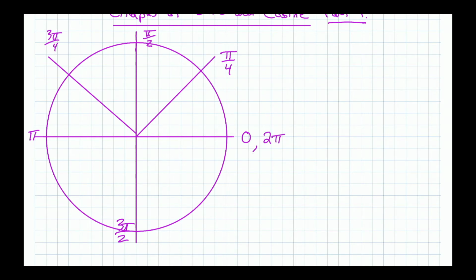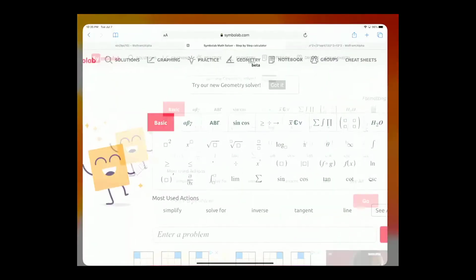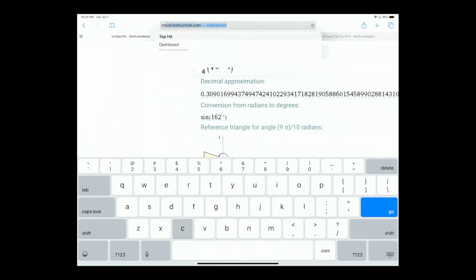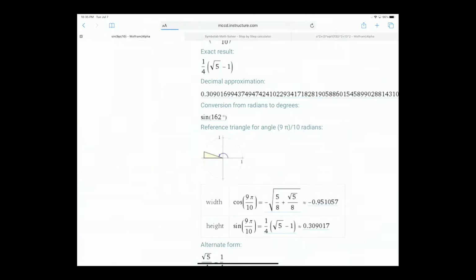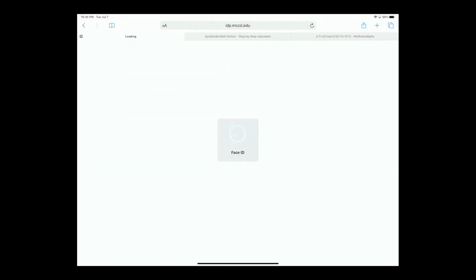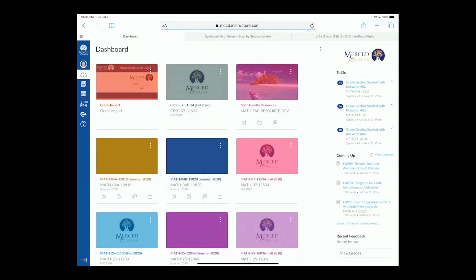Okay, so there's a unit circle. I recommend that you use a real unit circle and not mine. So where's a real unit circle? If you go to the course website, I have to log in. We need to find our class.